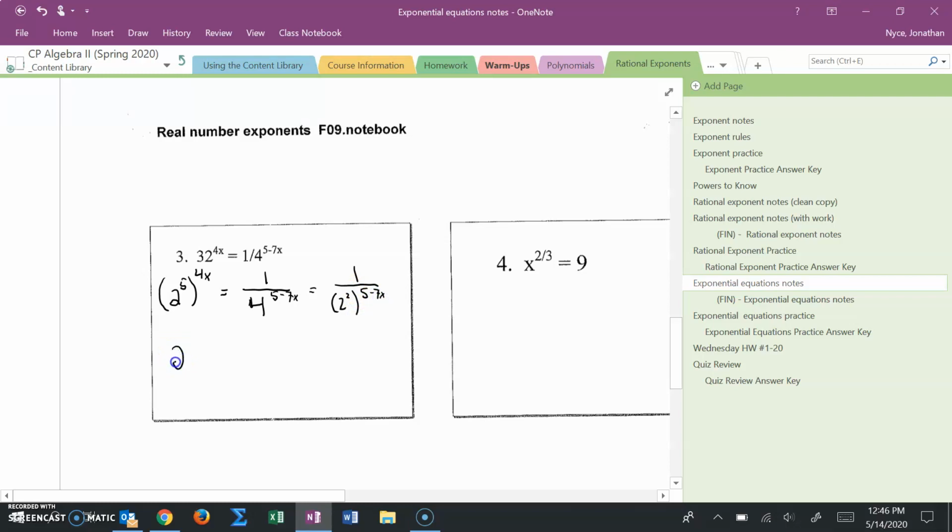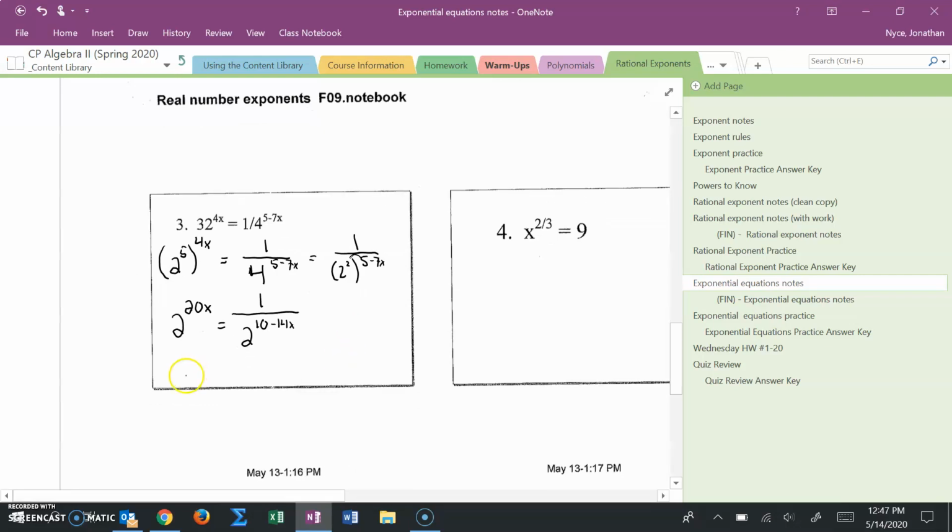So on the left-hand side, I multiply my powers and have 2 to the 20x power equals 1 over 2 to the 10 minus 14x, because that 2 has to be distributed. So they're close, but I have a 1 over 2 on the right-hand side as opposed to a 2.